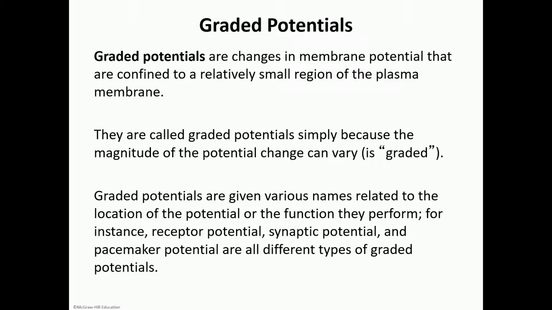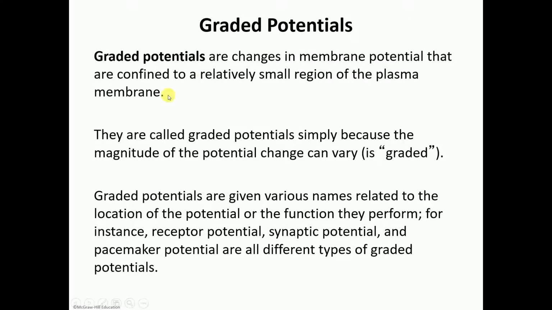Graded potentials are electrical changes that are very local, that happen either at a receptor, a pacemaker, or at a synapse. They may or may not become a full-blown action potential. I'll explain as we go, and hopefully that'll make a lot more sense as we go through these slides.